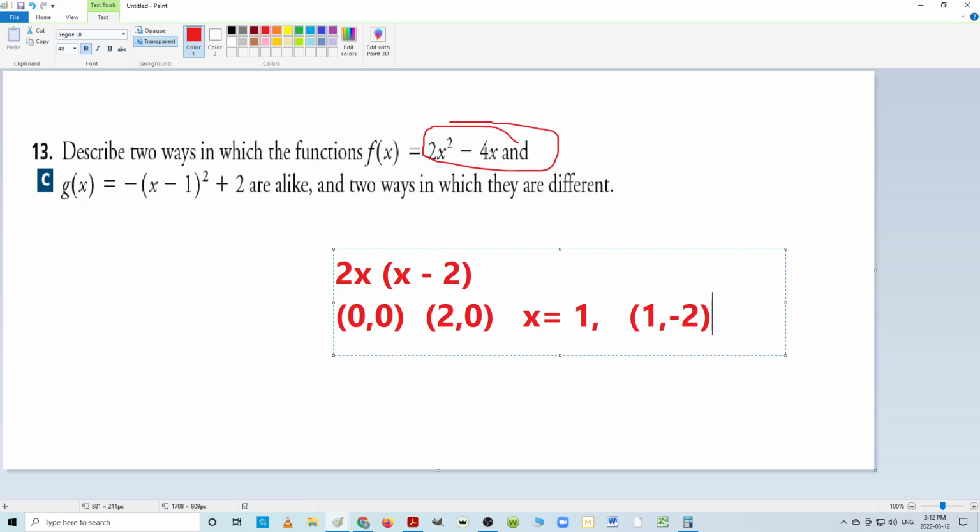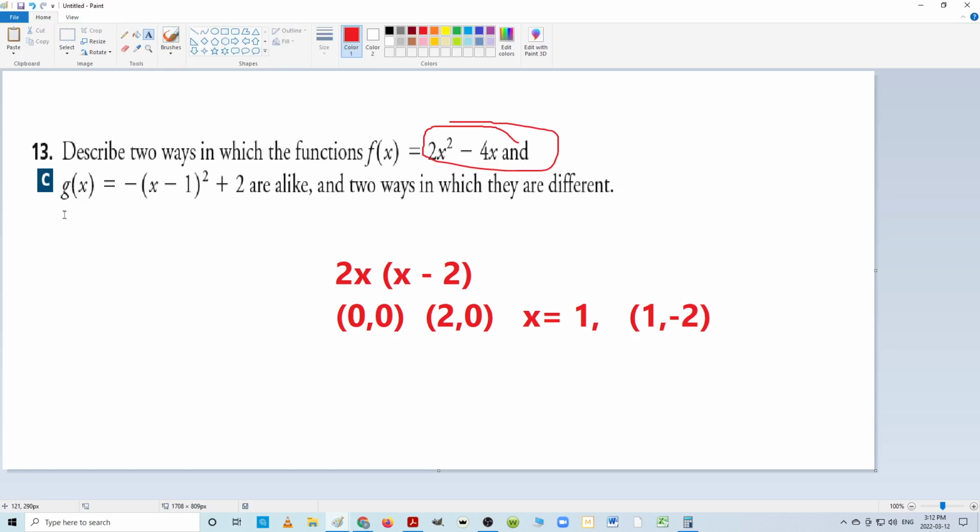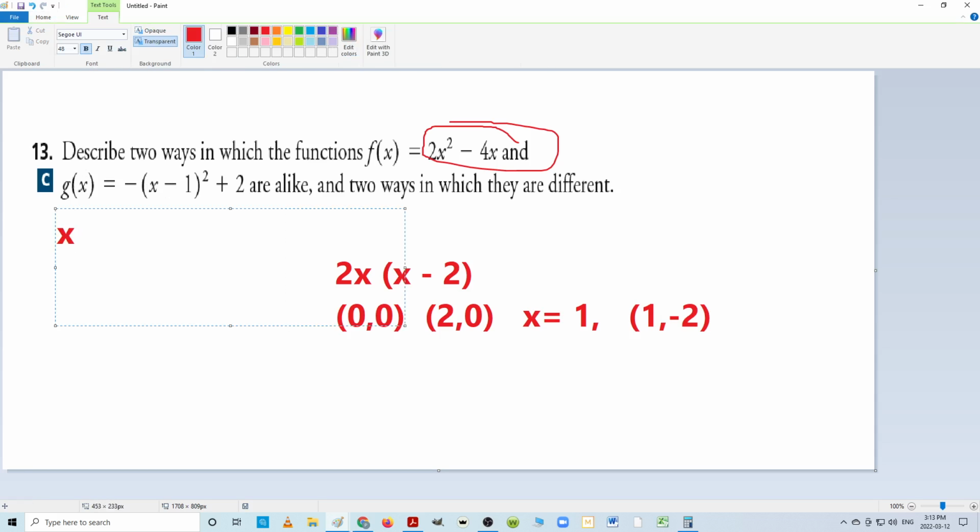Minus 1 times 2, I think it's minus 2. Yeah, it's minus 2. Okay, this one over here, the axis of symmetry is 1, so they have the same axis of symmetry. The vertex is 1, 2, so not the same vertex.